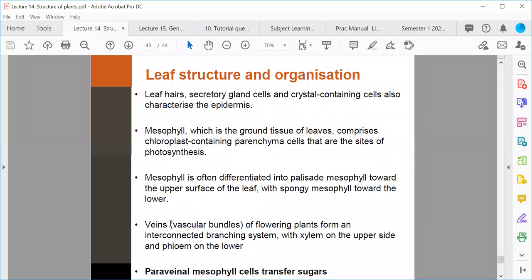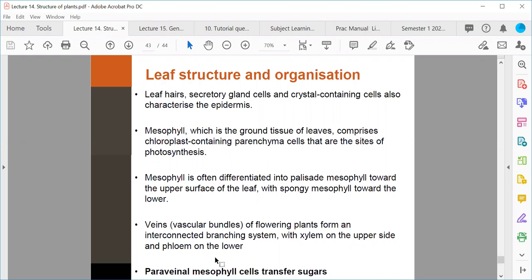Vascular bundles in leaves are referred to as veins, and the veins that you find in flowering plants form an interconnected branching system, with xylem tending to be on the upper side and phloem on the lower side. And in some plant species, you'll find specialised mesophyll cells called paravenal mesophyll cells.